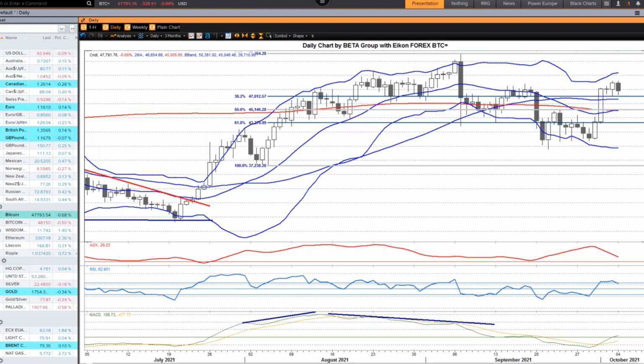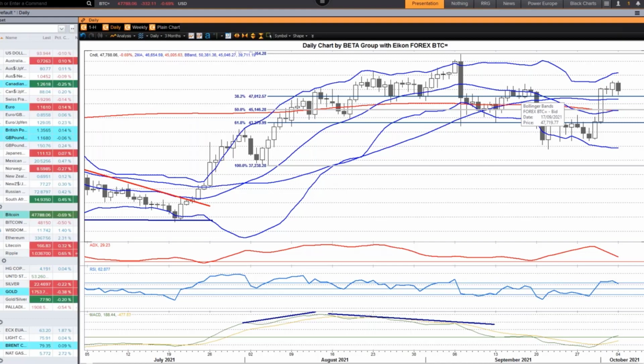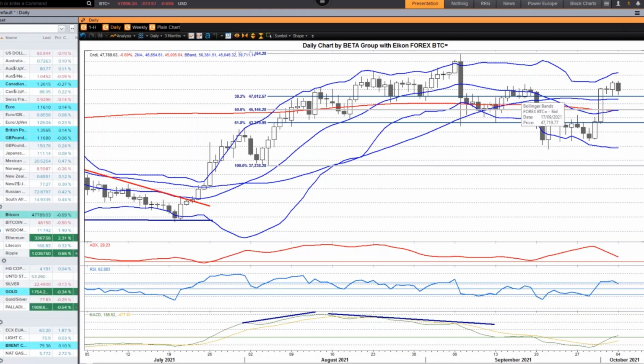So not a big challenge if the market wants to go up. The technicals, the RSI and the MACD, are much improved here. So I think this one can be, compared to any of the other regular currencies, if you want to have something to buy against the dollar, then probably it's, funny enough, Bitcoin.